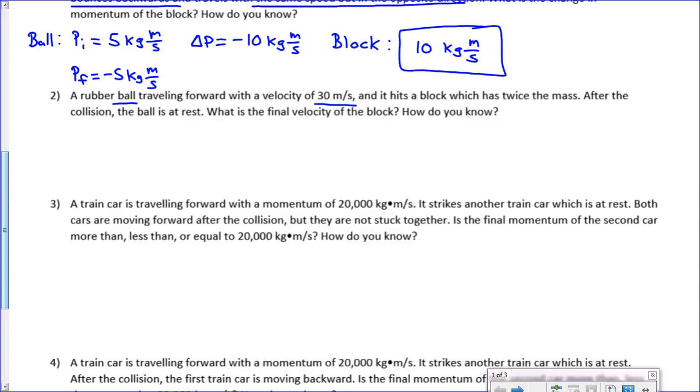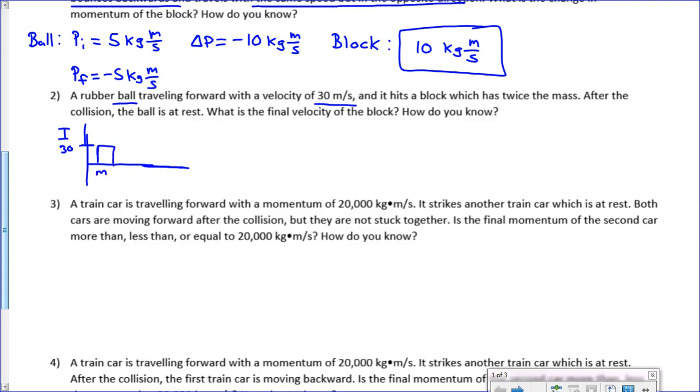All right, and the mass of the block is twice as much. And so here's kind of what we have. I'll explain this with an F chart. Originally, we had the ball, which was going 30 meters per second, and it had a mass of m.